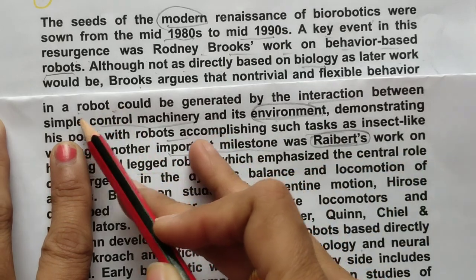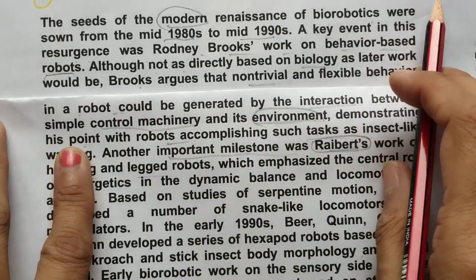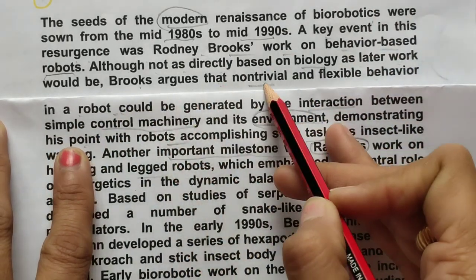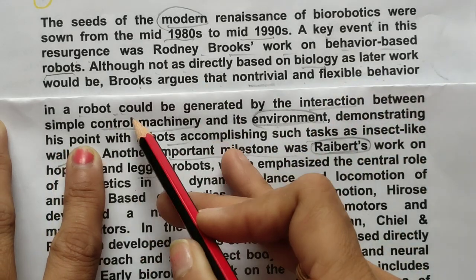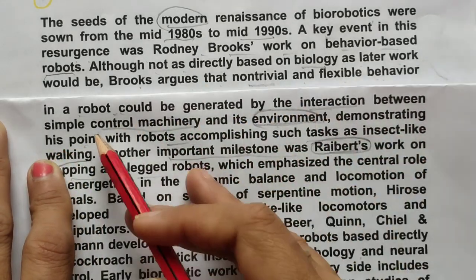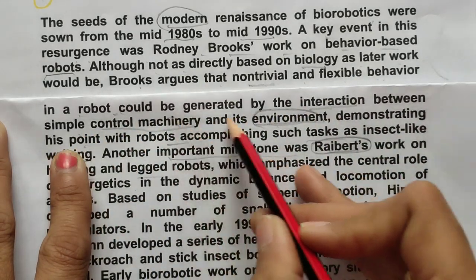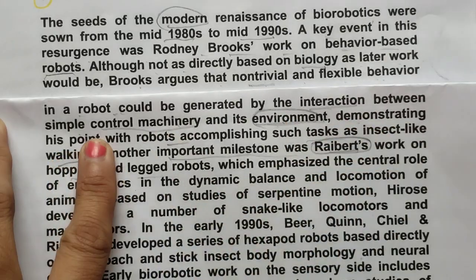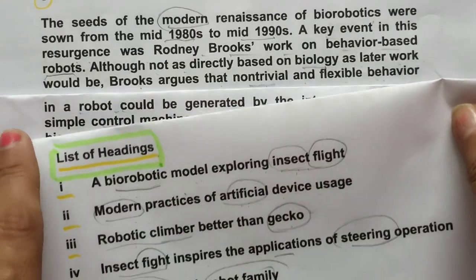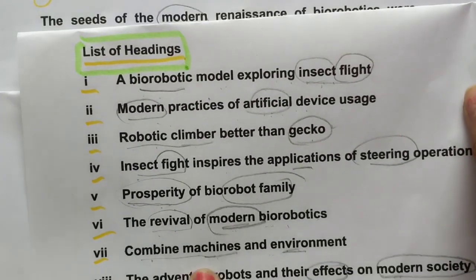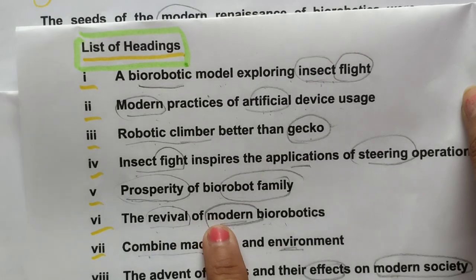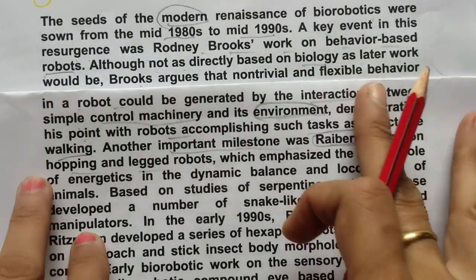Okay. In a robot, let's read the sentence. Brooks argues that non-trivial flexible behavior in a robot could be generated by interaction between a simple control machine and its environment, demonstrating. So here interaction is there, but the combining thing is not there. So I think revival of modern biorobotics we can go.